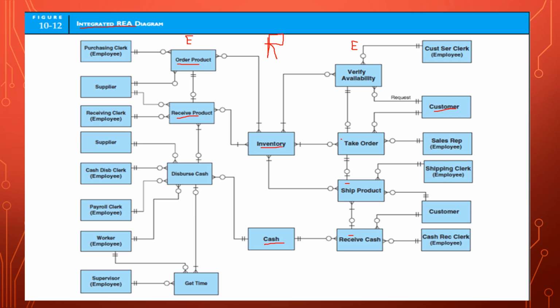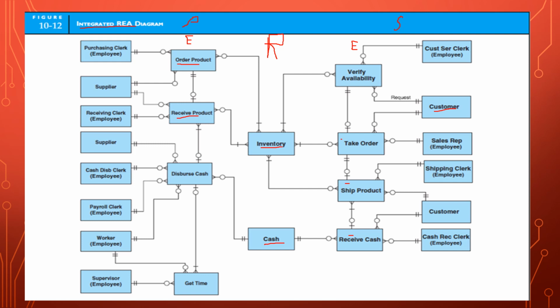The diagram on the right side for the purchasing and on the left for sales are related through the event, inventory, resource, and the cash. So this is the way we integrate the database.